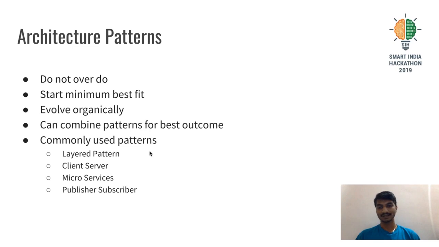The first one is the layer pattern. In this pattern, the system is arranged by layer. For example, you must have heard about a three-layer architecture. In our application, we may have a database layer. Above it, we'll have the data access layer, which communicates with the database and fetches the data.